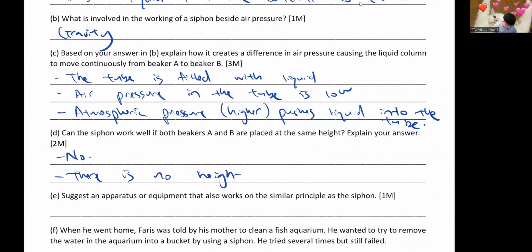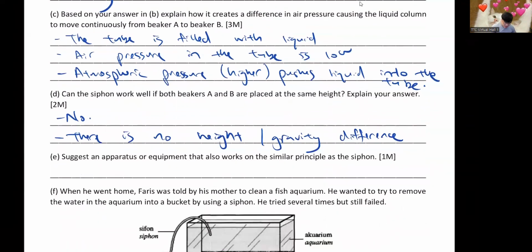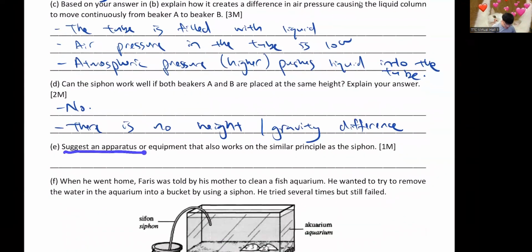You can say height, or you can say gravity difference. So siphon is a little bit of air pressure concept, a little bit of gravity concept. So both work. Right, so E, suggest an apparatus or equipment that also works on the same principle as the siphon. Like I said, you can say the straw, it works the same way. You can say syringe, it works the same way too. It's to push liquid into a tube.